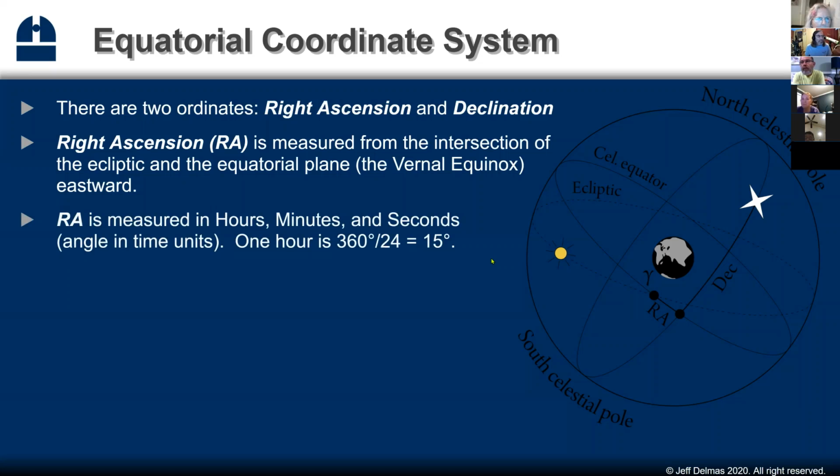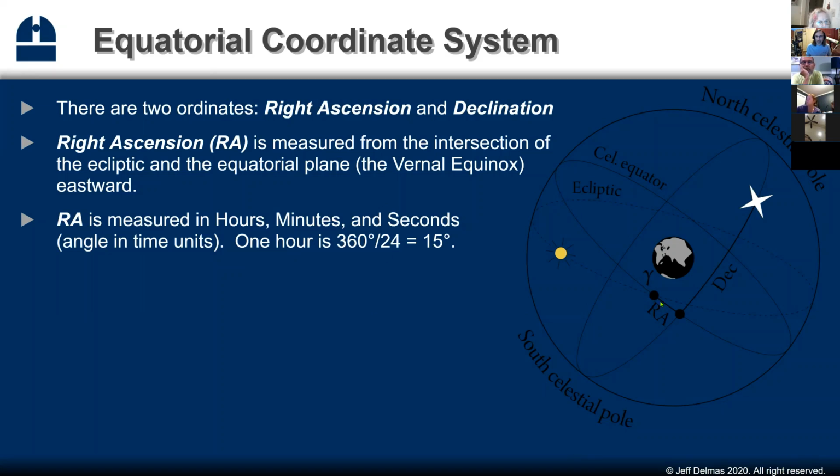But okay, so right ascension is measured in time units, hours, minutes, and seconds, but it is considered an angle. And 1 hour, and that angle is related to the Earth's motion 24 hours. So it's 360 degrees divided by 24, or 15 degrees.